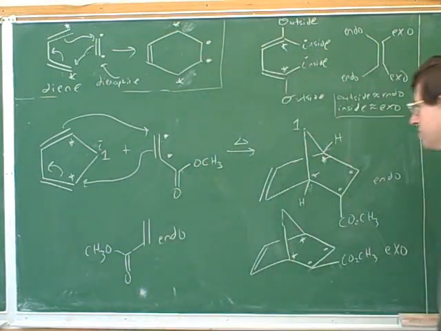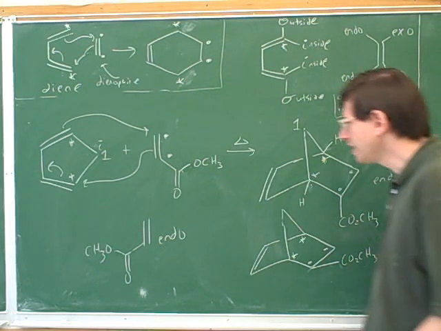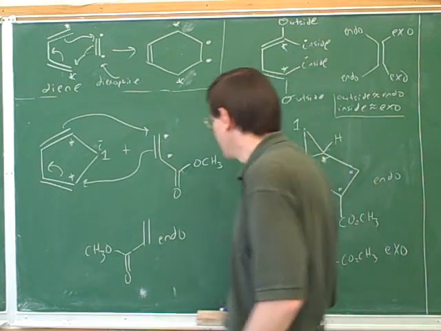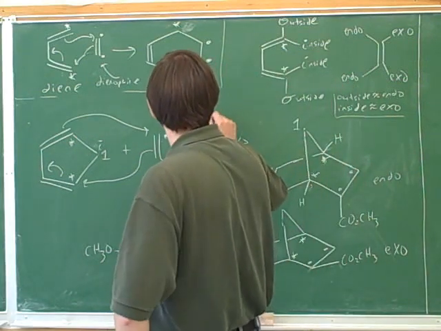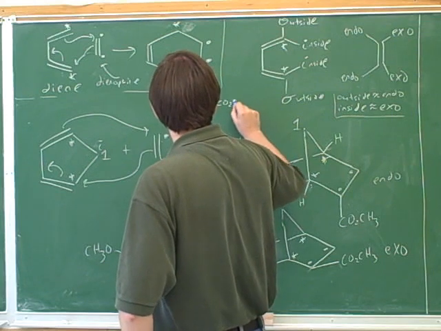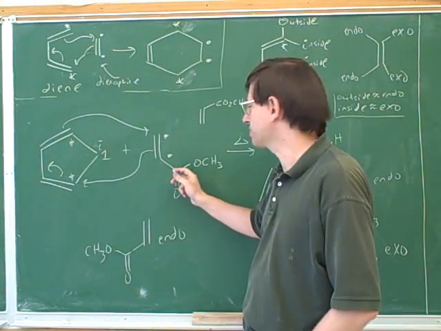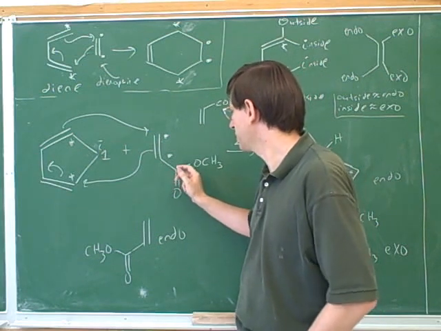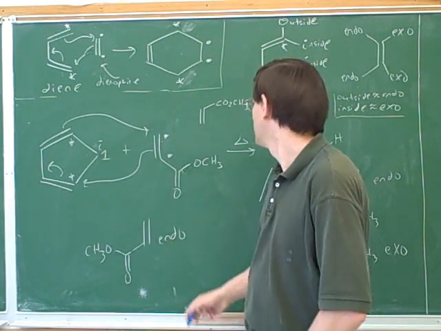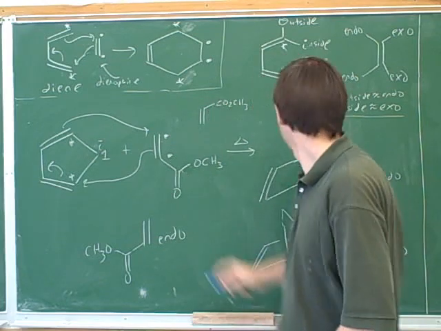I guess we still have some issues here. What are our issues? The issues are, what if we drew these two cases as if the substituent was pointed down in both approaches, but it could just as well have been pointing up.